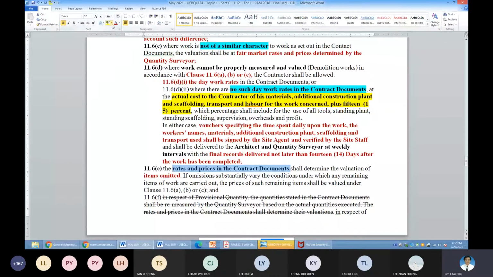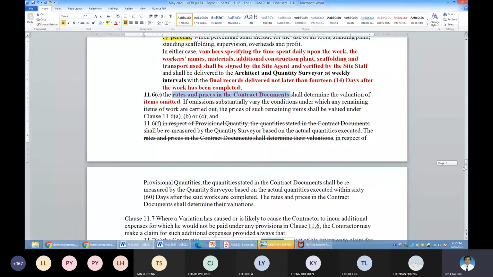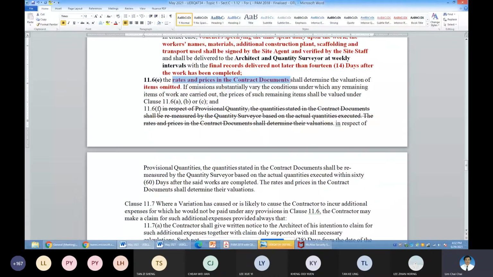For 11.6F, there's a change in the description. This is the PAM 2018 where time is introduced. There's a change and time is introduced. You can see here, previously in 2016, there is no time element. Now there is a time element.